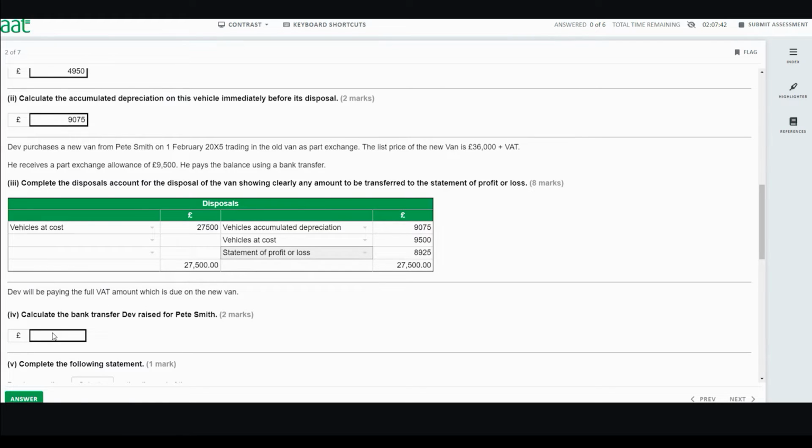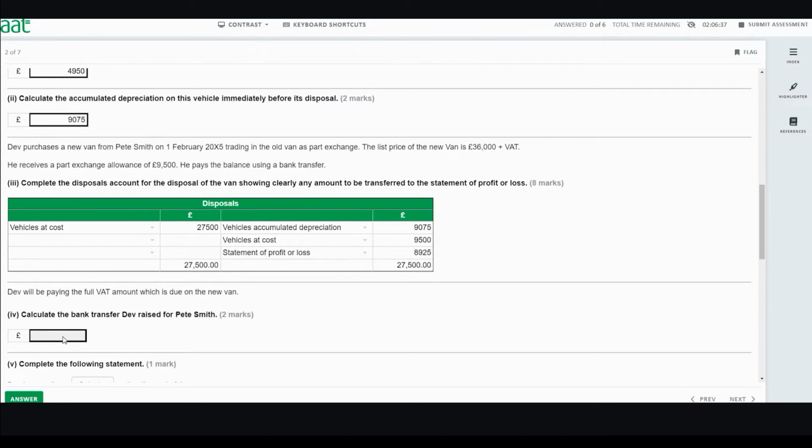Okay. The next one is how much do we need to bank transfer to pay for the rest of the vehicle. The amount we need to calculate is the 36,000 plus VAT, which gives you 43,200, minus the 9,500 part exchange we've received.